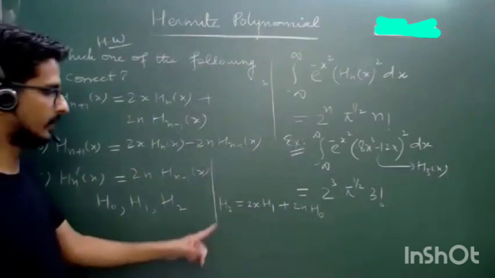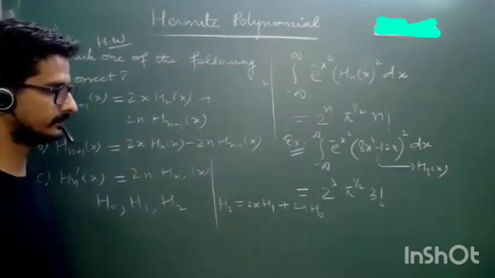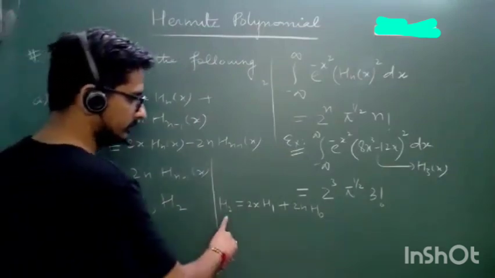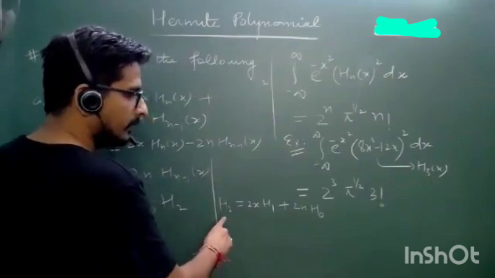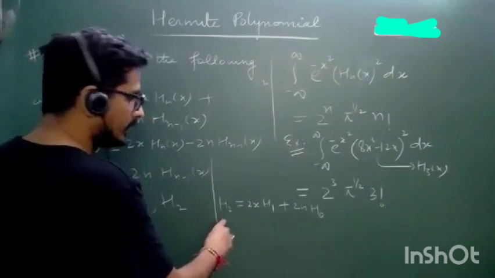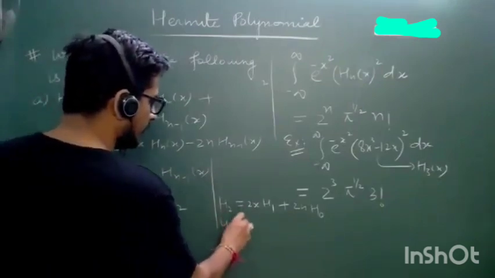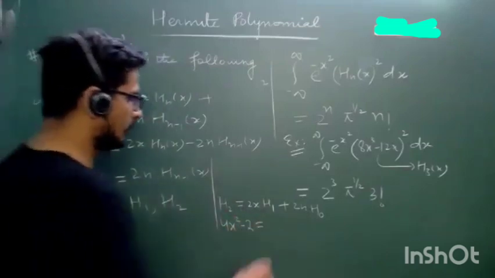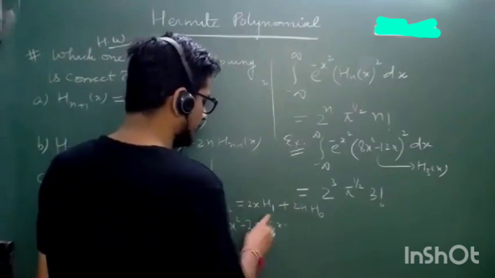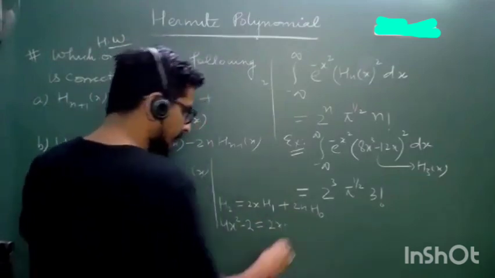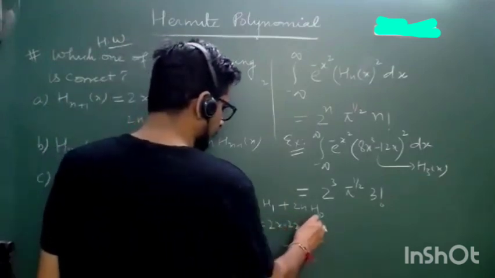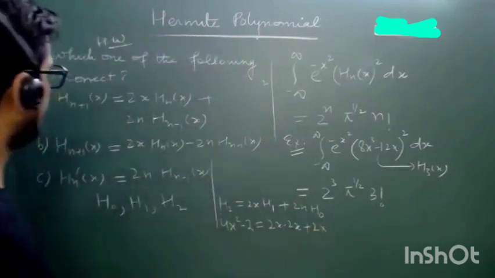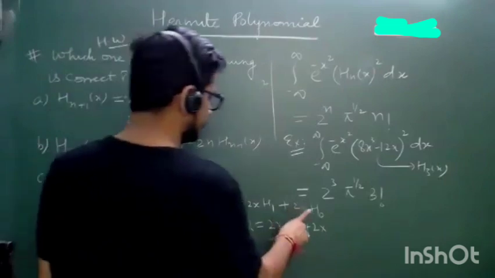So what is value of H2? 4x^2 minus 2, 4x^2 minus 2 minus 2? That is equal to 2x. What is value of H1? 2x, 2x plus 2 into 1, and n was 1, no? Minus 2.